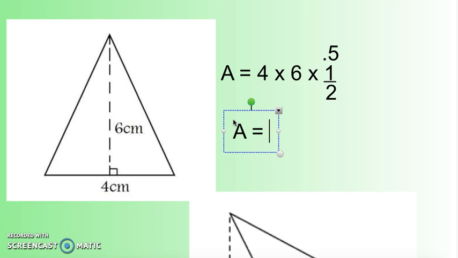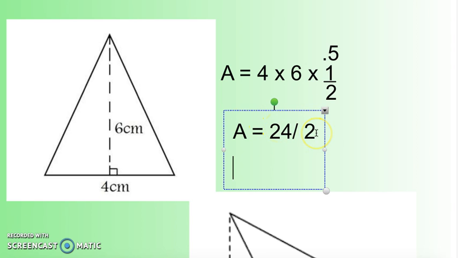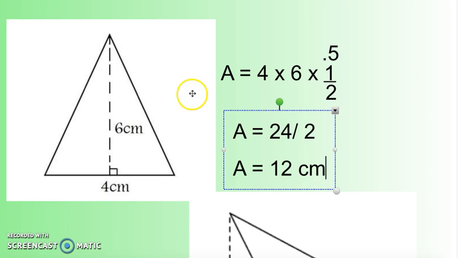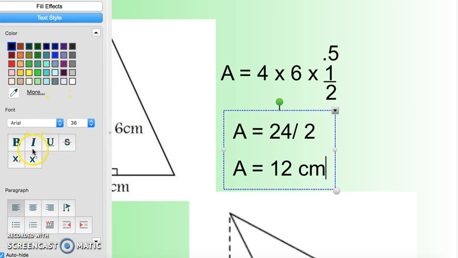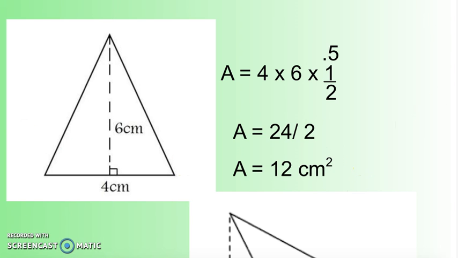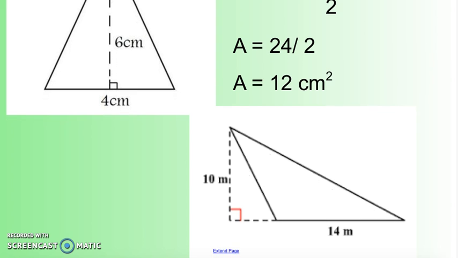And so let's actually do 4 times 6 is 24. And then if I'm going to take a half, I'm going to actually divide by 2. Because I think in my head I can divide 24 in 2 equal parts, and that part is 12. And so my area of this triangle is 12 squared centimeters. Okay, how about this triangle?